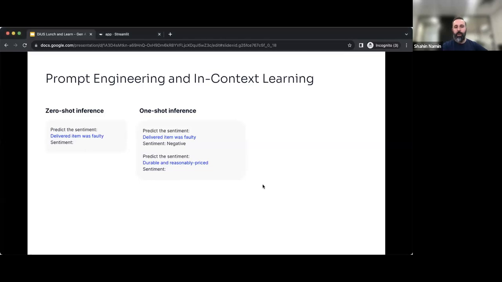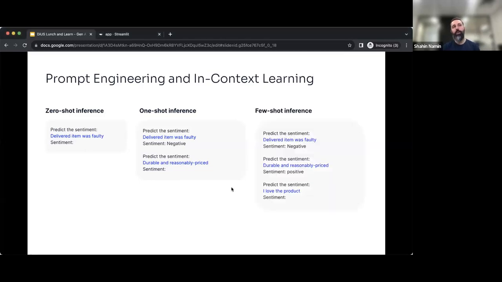And of course, similarly, you can provide a few examples to your model, and this is called few-shot inference. And we've seen that this might result in better performance, but the number of examples you would embed in your prompt is limited.